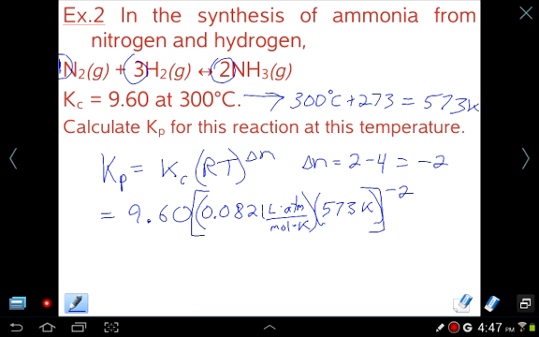So let's go ahead and multiply these together, and let's see if we can come up with a value that we agree upon. Let's go ahead and plug this into your calculator. Raise it to the power.